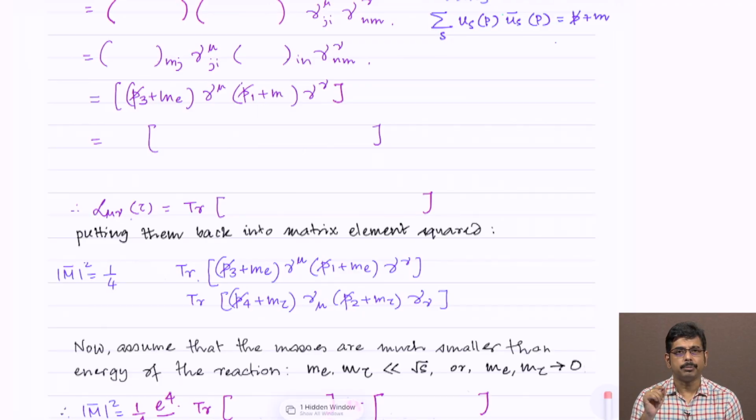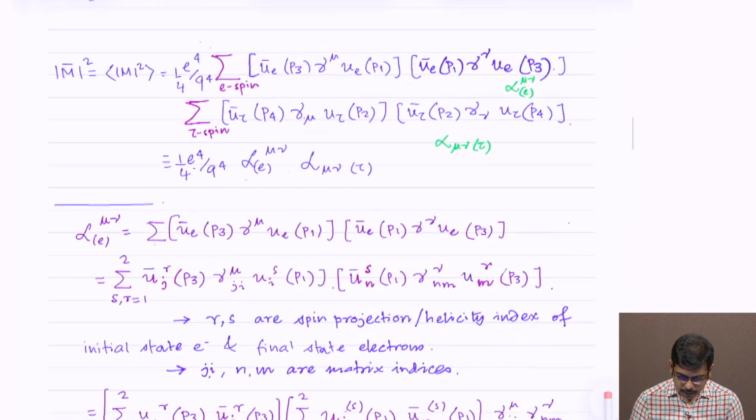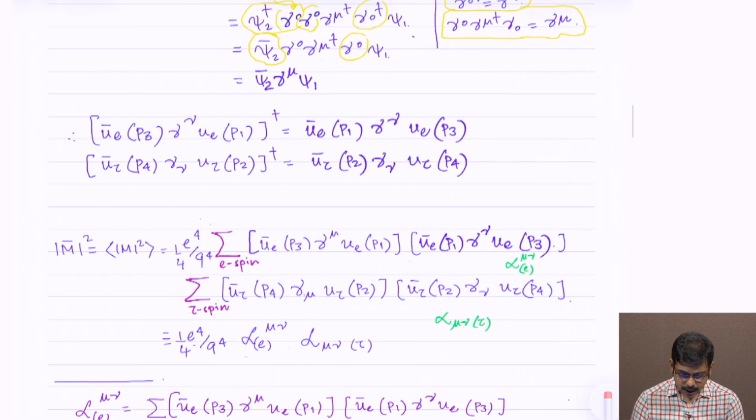Okay, so let's get started, and we are going to start from the point where we stopped in the last lecture. So what did we find out? The unpolarized matrix element squared for e minus tau minus has to sum over all possible helicity combinations of the initial and final state, whereas in the initial state, because the helicities have not been specified, we have to take an average.